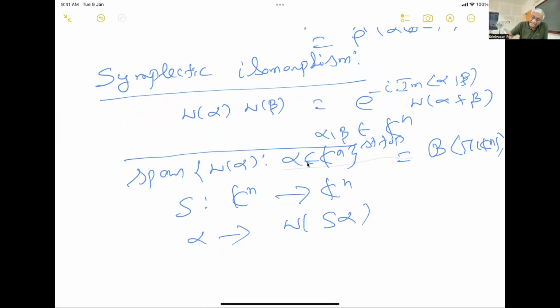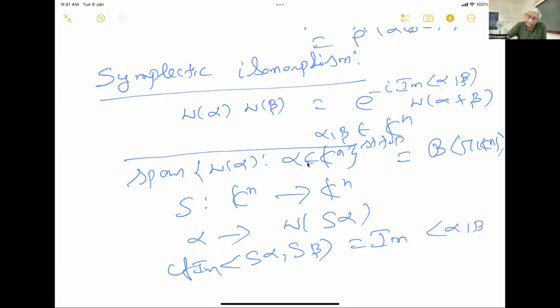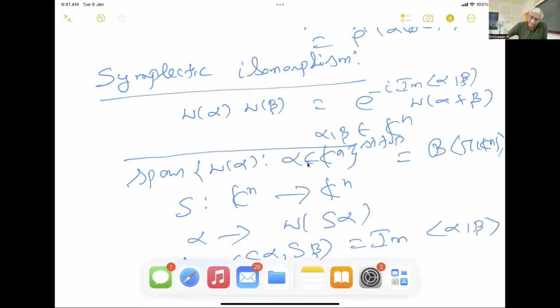When will it give the same Weyl representation? If Im⟨Sα,Sβ⟩ equals Im⟨α,β⟩, then you get the same representation, right?